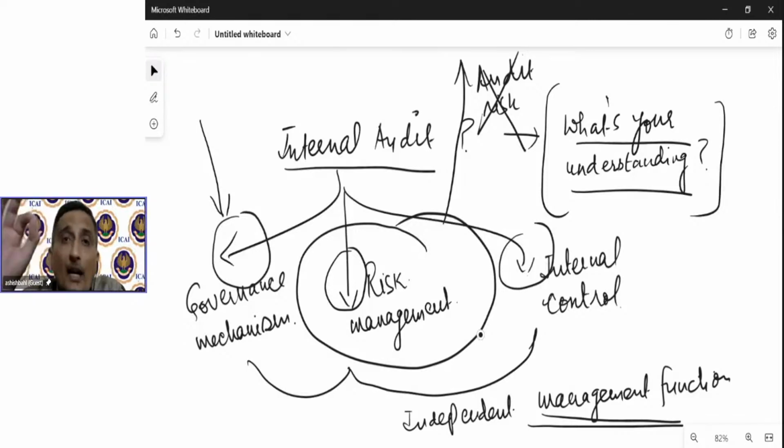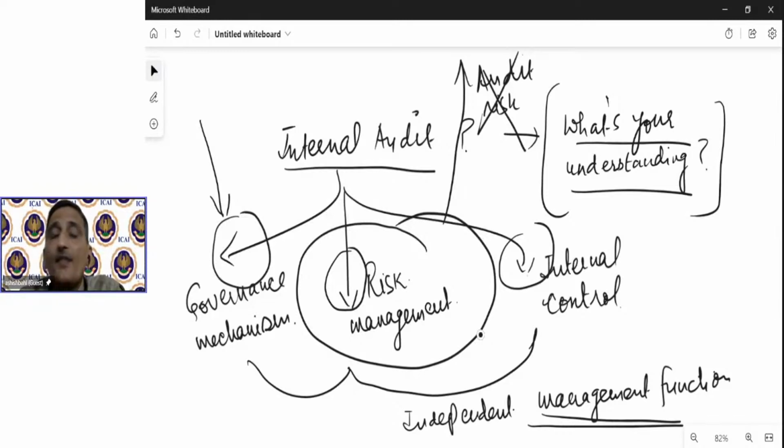If you understand and remember the definition of internal audit by heart, all those 4 lines, and you understand it also, because all other things, as I am in the habit of telling you every other day, like what is the scope, what are the advantages, what are the limitations, flow from the basic meaning of that term.